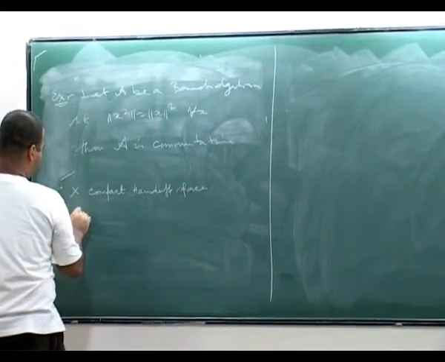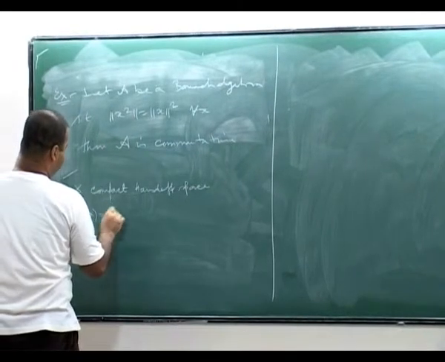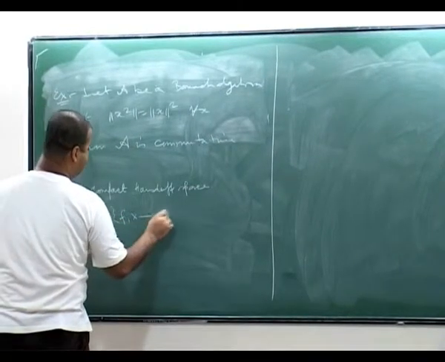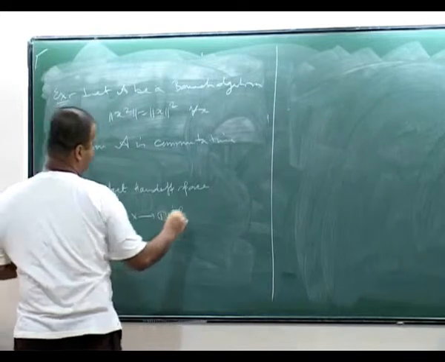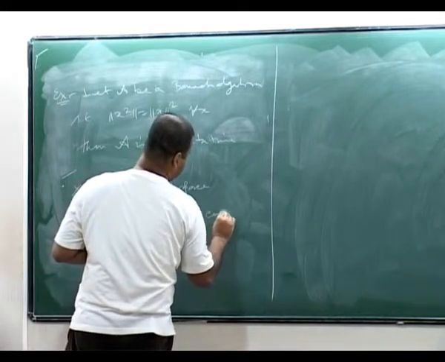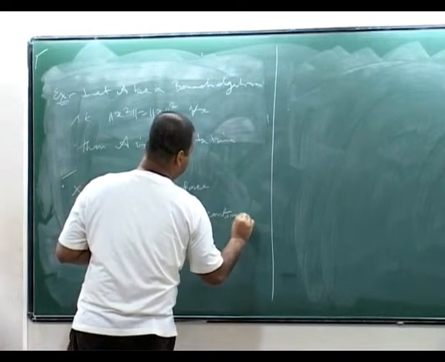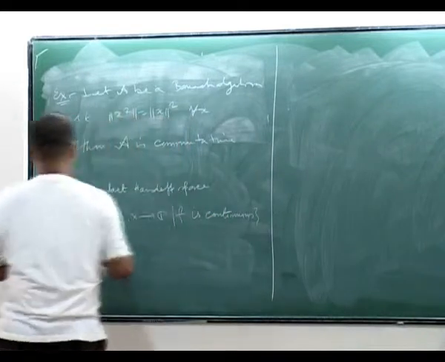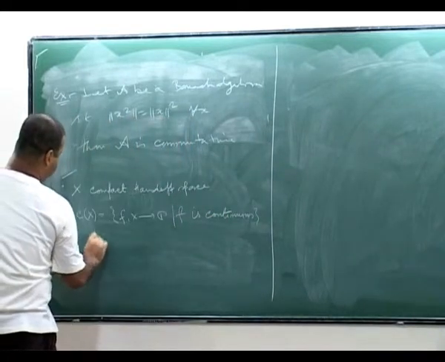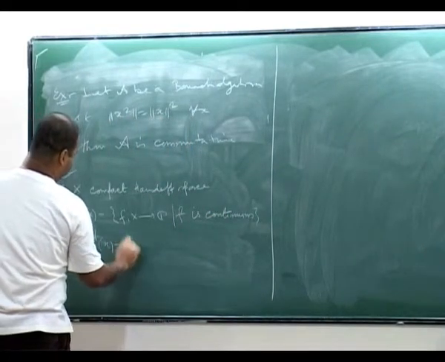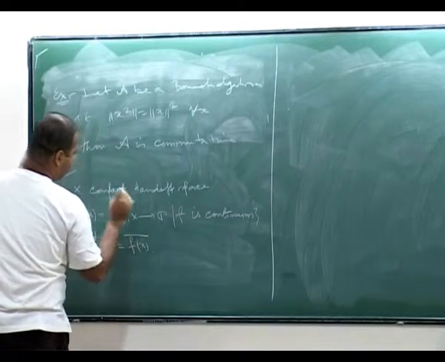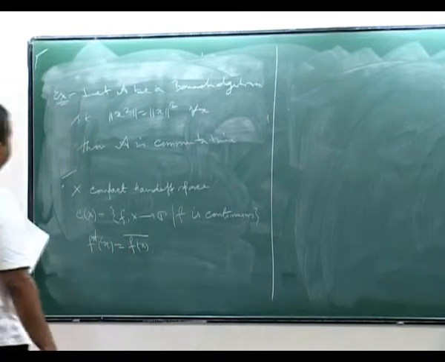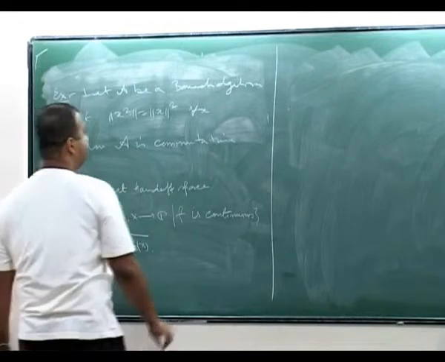Then you consider C(X), these are continuous functions, and you define f star of x as f x bar, then this becomes a C-star algebra.